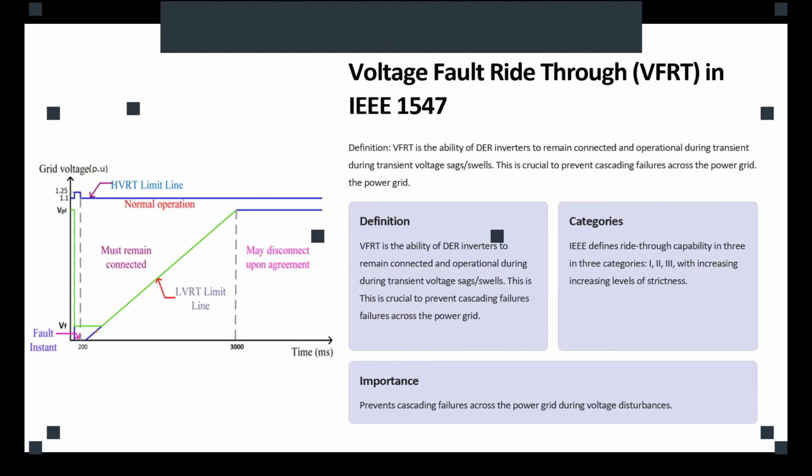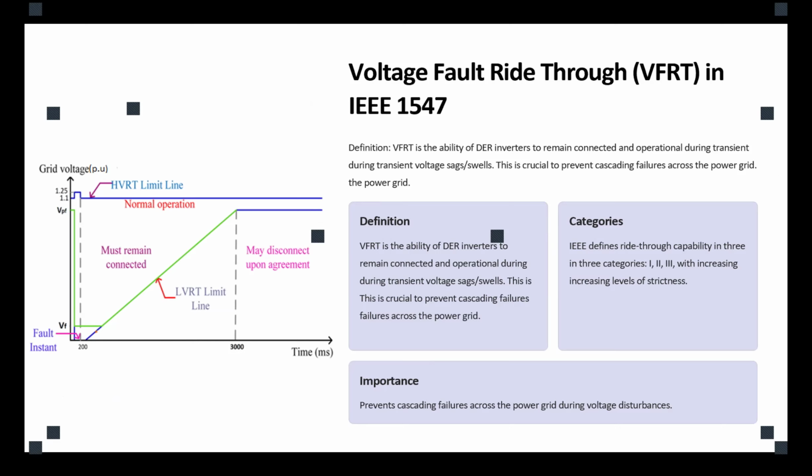Now, one of the regulations on fault ride through, or voltage ride through to be precise, is the standard IEEE 1547.